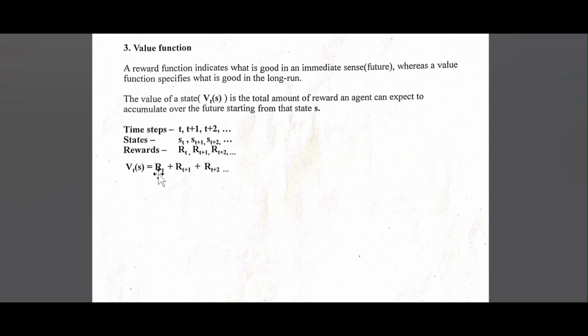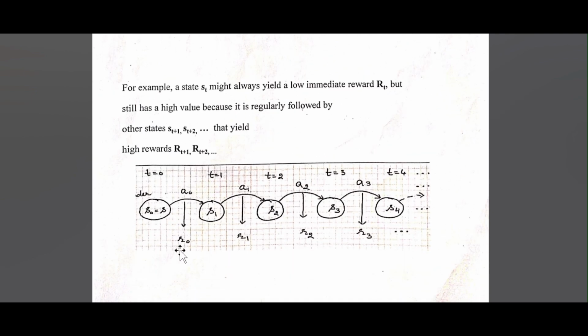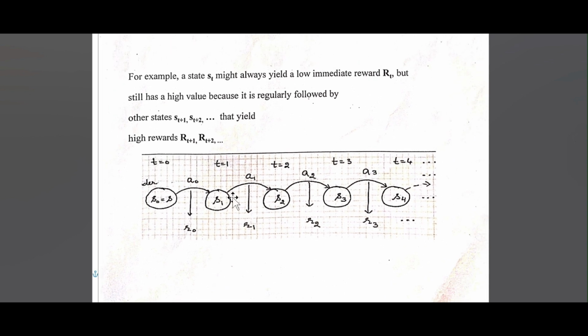You need to remember, in this diagram, the agent is getting a reward of 0, but it is choosing the same action because it can receive higher rewards like r at t plus 1, t plus 2, t plus 3, and so on. So it is choosing the first step r of 0 even though it is getting a low reward.